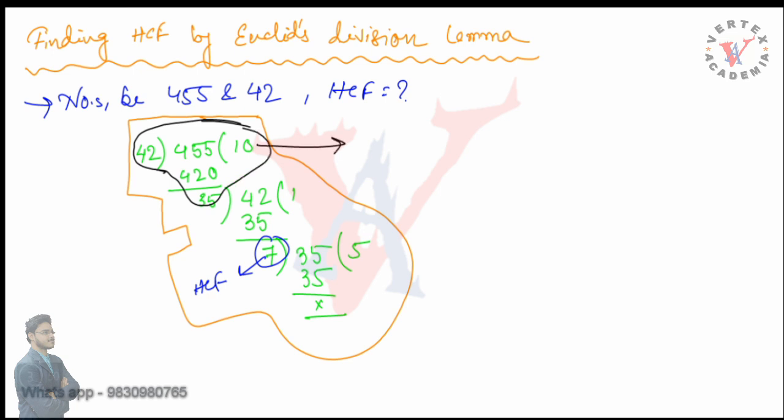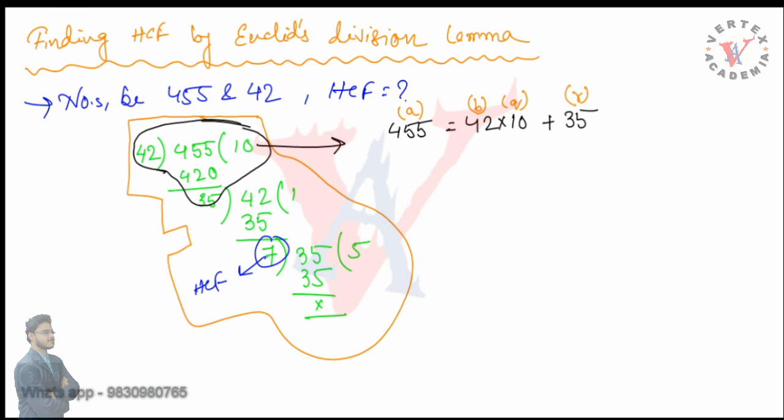Here, dividend equals divisor into quotient plus remainder, or by Euclid's division lemma, we can write that 455 equals 42 into 10 plus 35. To make it in line with Euclid's division lemma, I am writing the annotations above: 455 is A, 42 is B, 10 is Q, and 35 is R.